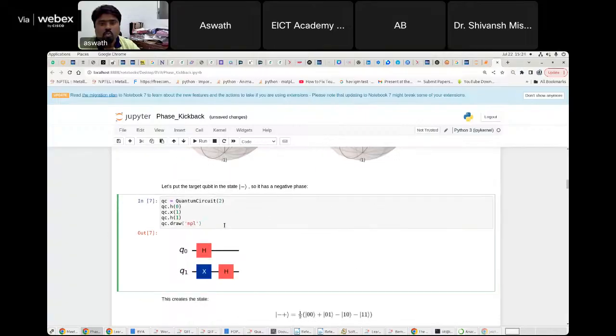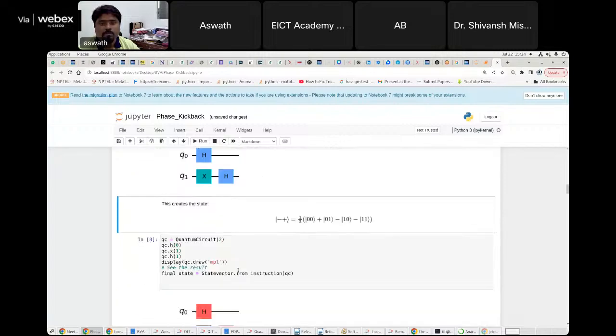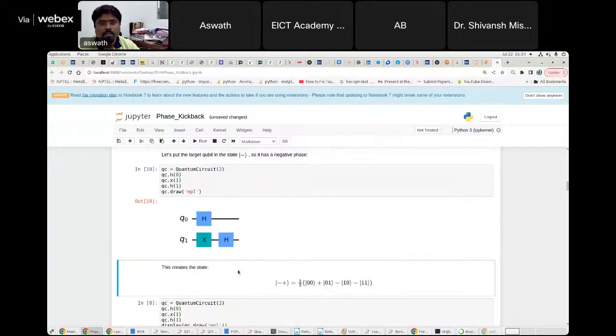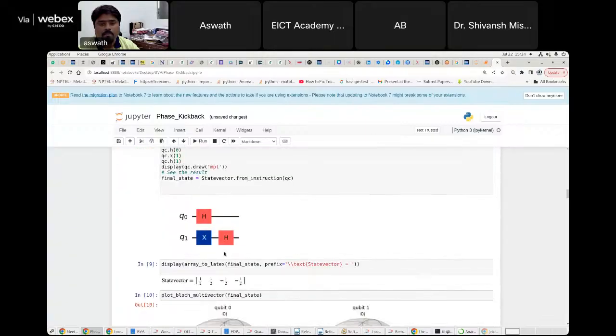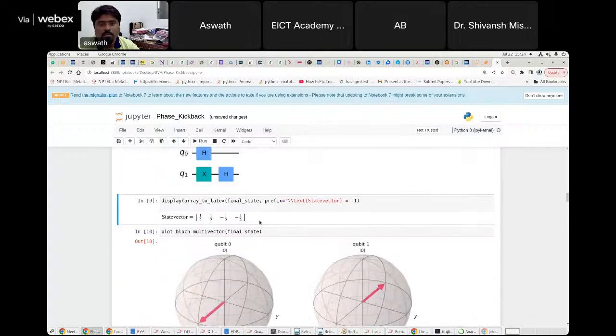Plus plus going, what kind of circuit is that? This is a circuit. Now I add a minus. For a plus and minus, I use an X. So this one. Now same thing, you can create a plot for that.